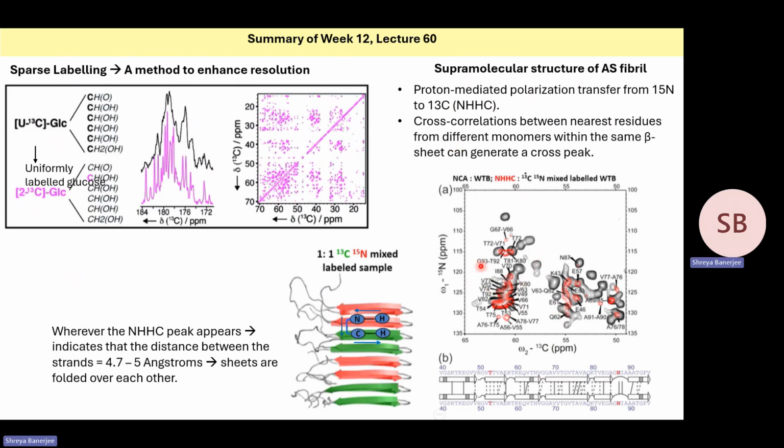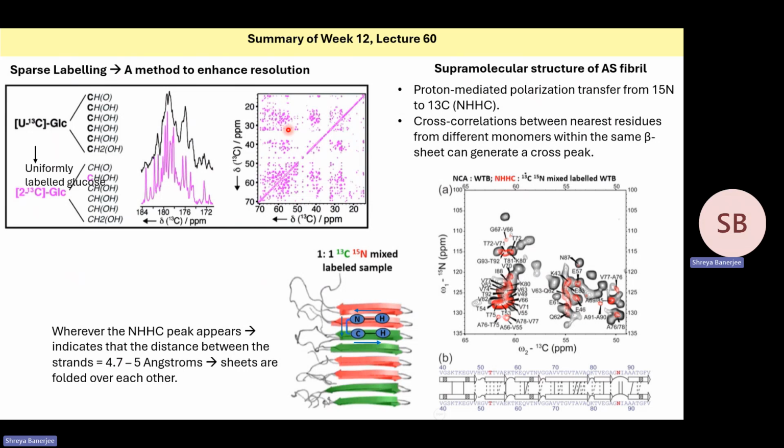So basically, by doing this NHHC experiment, you can find cross correlations between the nearest residues from different monomers within the same beta sheet, and it will give you an idea about the three-dimensional structure of the protein.